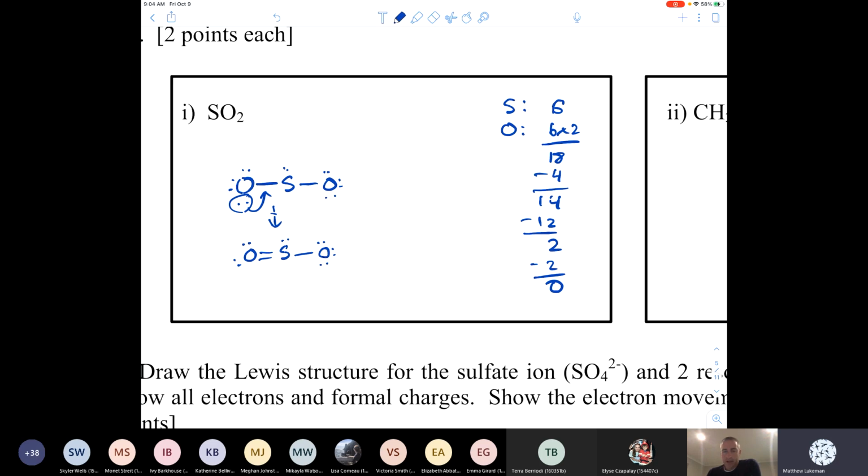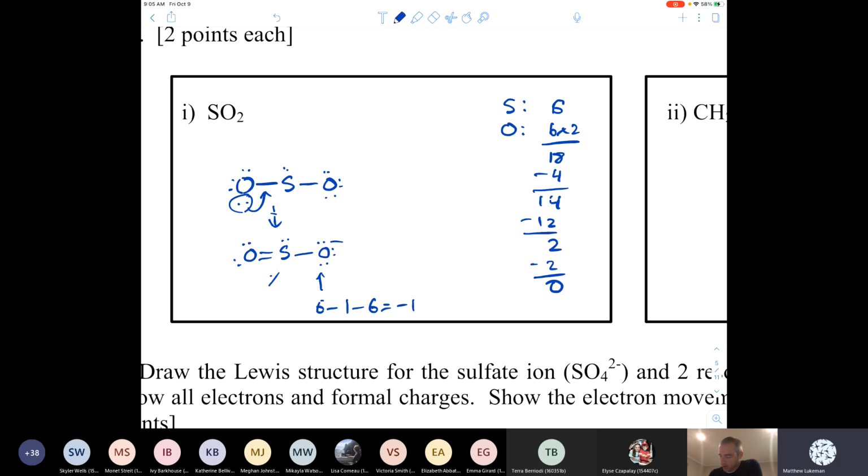Next thing, now that everything has a full octet, is we would want to check formal charges. The formal charge on the right-hand oxygen would be 6 minus the number of bonds minus the number of unshared electrons, which is 6, which is -1. So we put a minus there.